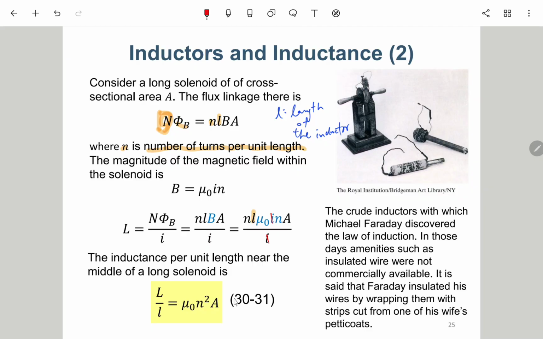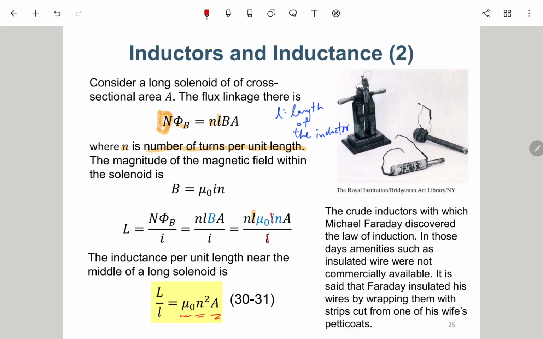This is a constant, and it is related to the density, the square of the density. So if it is denser, the inductance per unit length is also larger. And if it has a larger cross section area, the inductance per unit length is also larger.